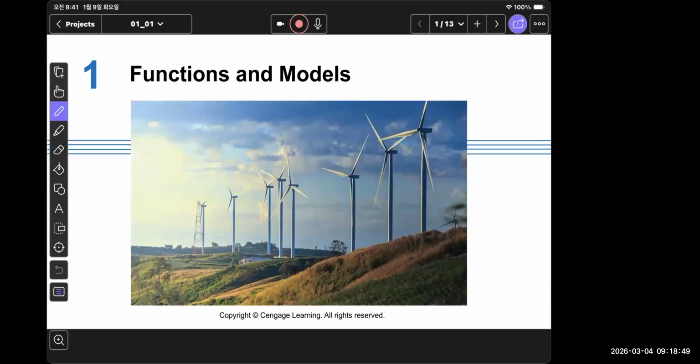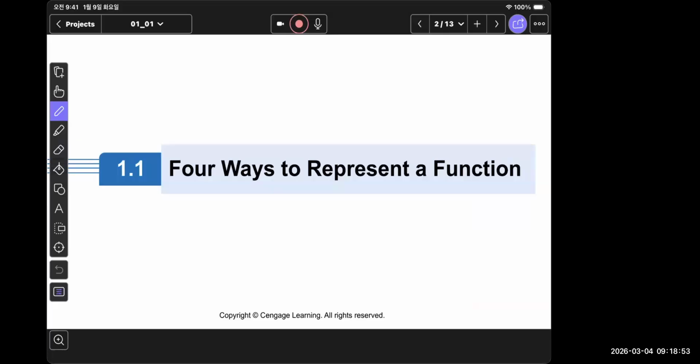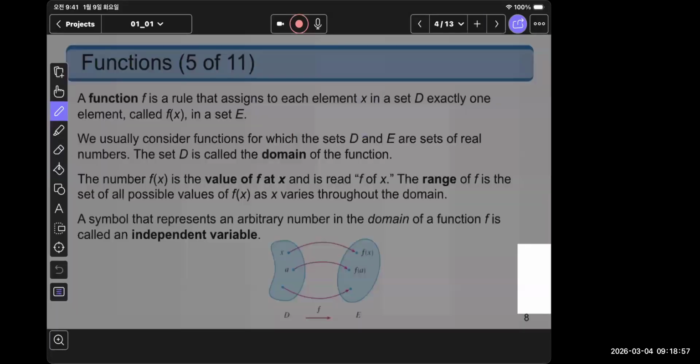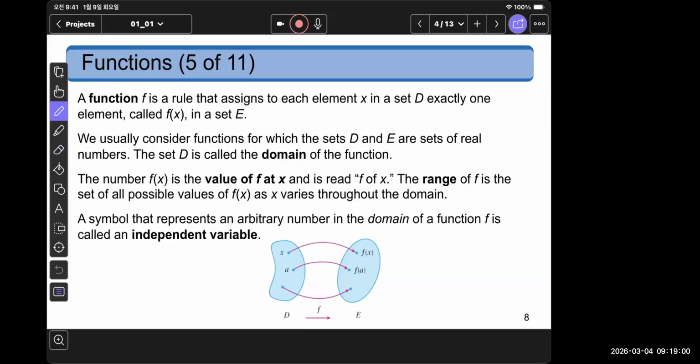Okay, so let's consider chapter 1. In chapter 1, we want to consider the definition of a function. So what is a function? A function is a mapping.